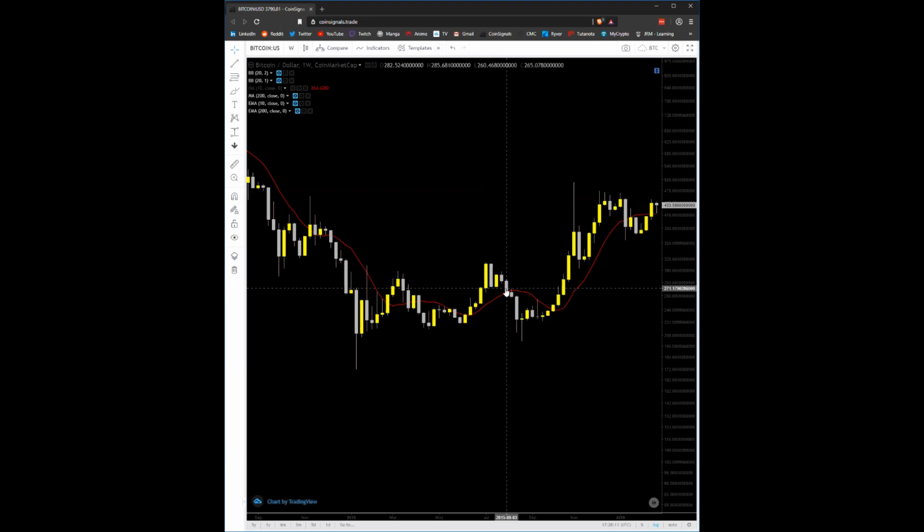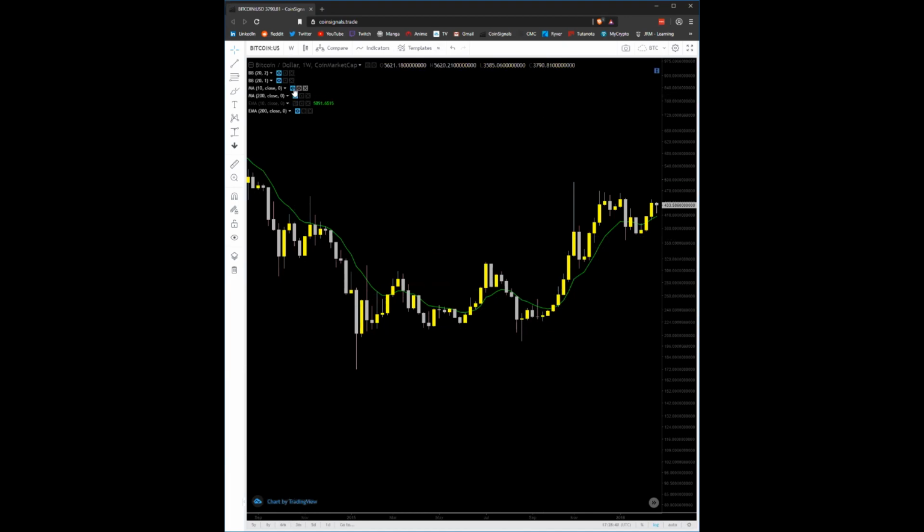Now, that is the simple moving average. Another type of moving average, known as the exponential moving average, gives more weight to recent prices in an attempt to make it more responsive to new information. I'll take this one off and we'll put on the green EMA. You'll notice how the EMA has a higher value when the price is rising and falls faster than the SMA when the price is declining.